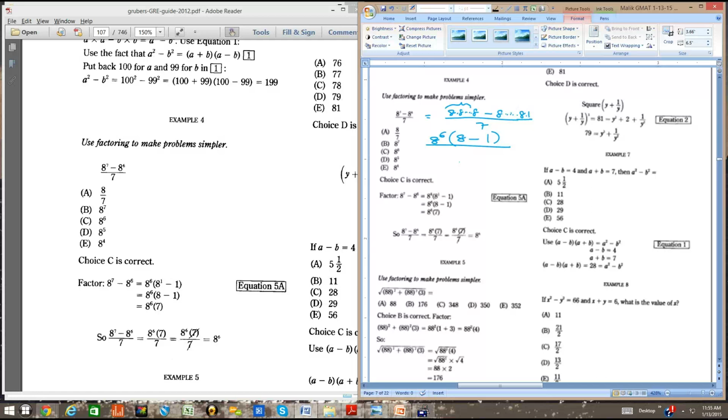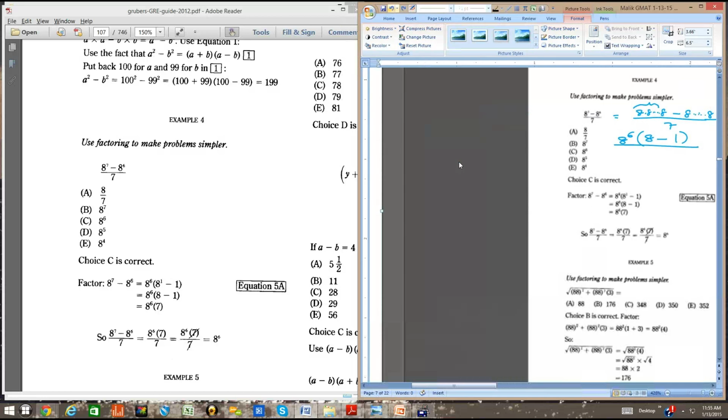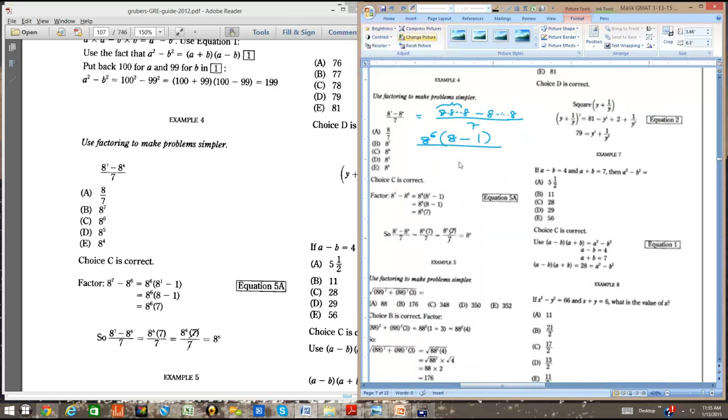Because you could have essentially written it like this. Let me go back one step and show it to you in smaller steps. Here you could have written it as 8 to the 6 times 8 minus 8 to the 6 times 1.